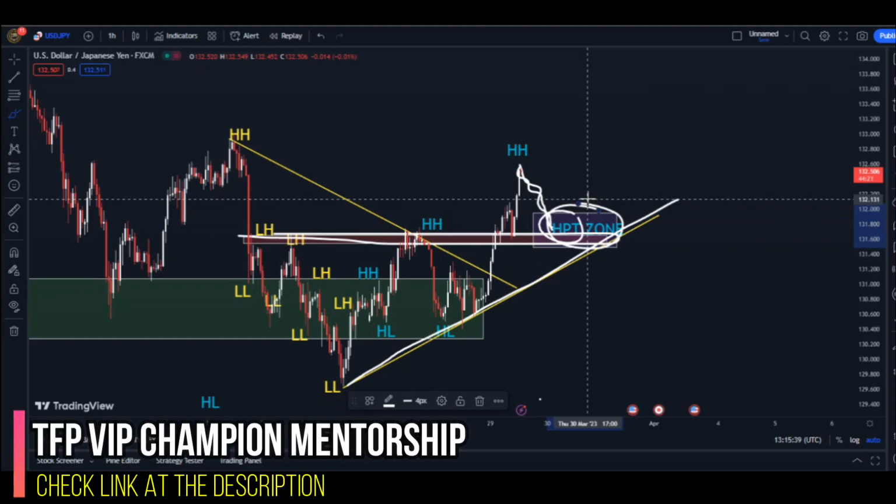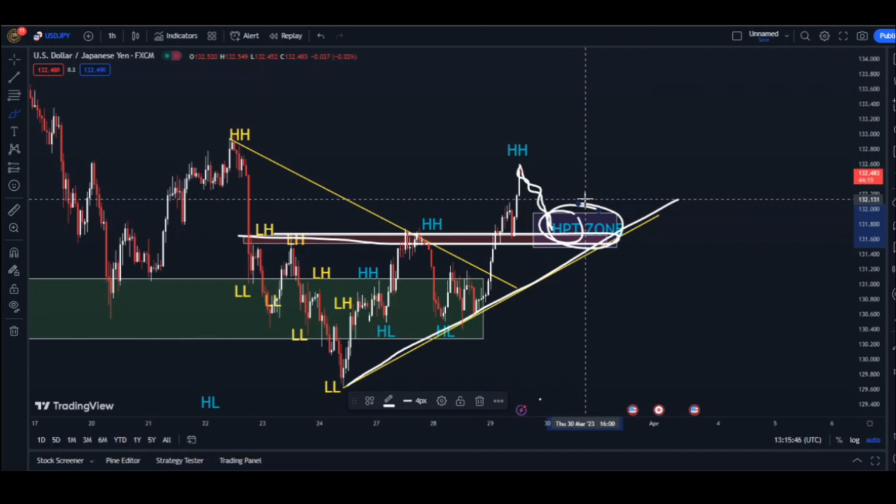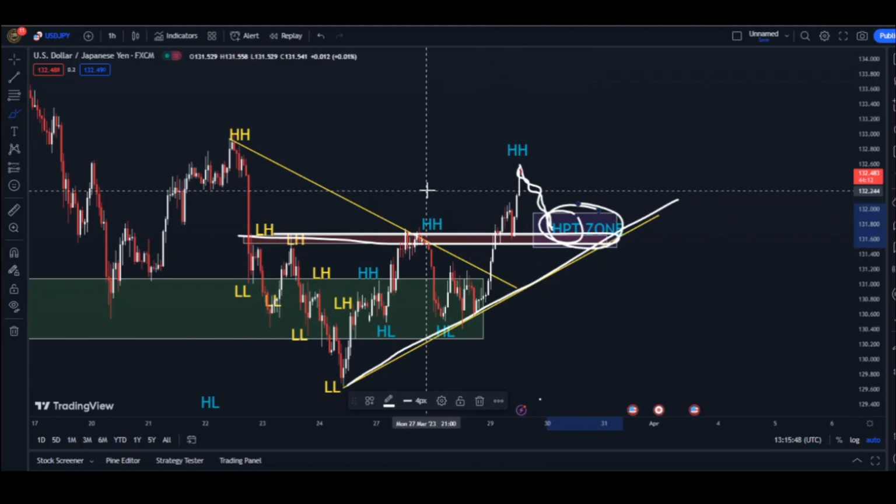I'm not saying every trade should be 100% winning, but the point here is you yourself definitely understand what you're doing, from a basic trader going to an advanced level of analysis, right? So I hope you understand why I may probably take a long position for this dollar yen.